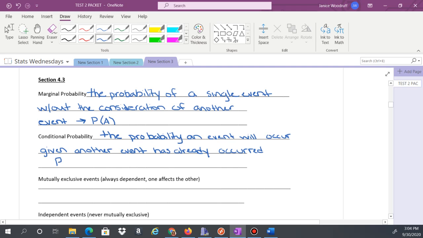We're going to call this probability of A given B. It's going to look like this: A with a straight line, given B.